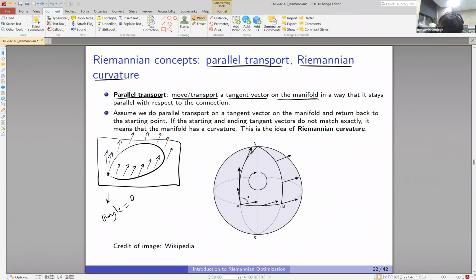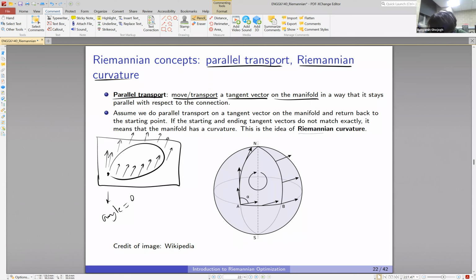But these are not staying parallel to each other because there is a curvature here. It's curvy, okay? And this alpha shows the amount of curvature. So it's an indication of curvature, actually. The more curvature we have, the more angle we will have. 0 angle means that there is no curvature in this path on this manifold.